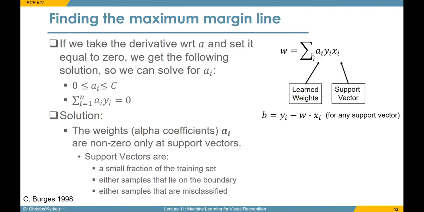If you look at it, the points for which alpha is 0 are the points that do not lie on the boundary. To say it differently, alpha is not 0 only for support vectors, which are the points that either lie on the boundary of each class or are misclassified.